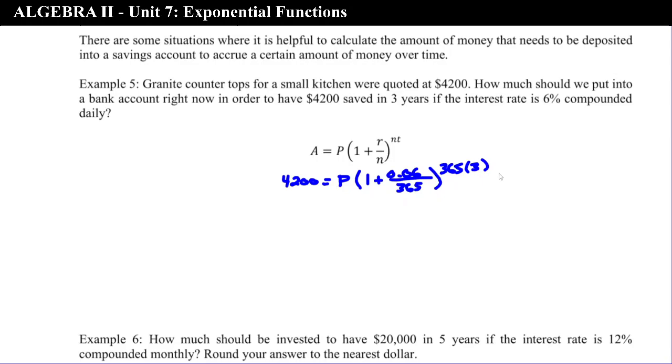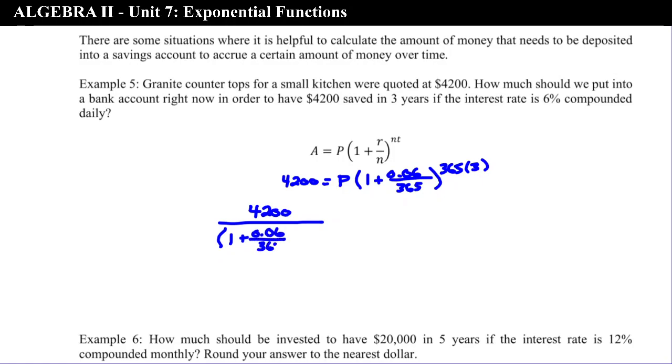Well, what you're going to do is you're going to take all of this, that the P is being multiplied, you're going to divide each side by it. So you're going to divide it from 4,200. Now, don't put this in the calculator and get a decimal and then multiply that by 4,200 because you're going to get a rounding error. So you need to put 4,200 on one side, divide it by everything here just as it is.